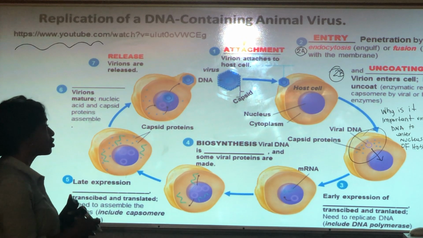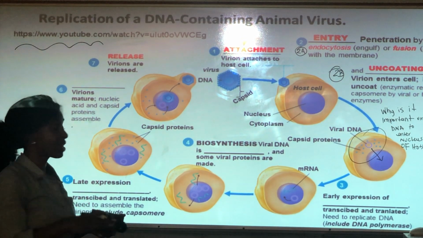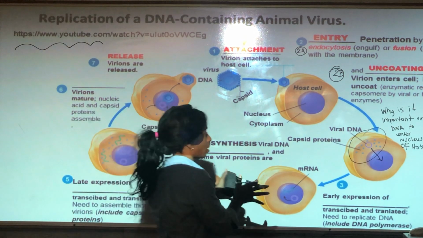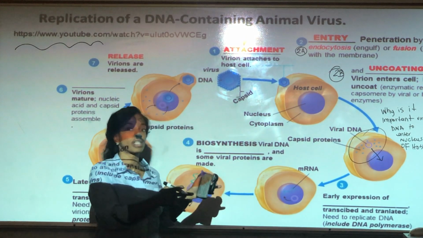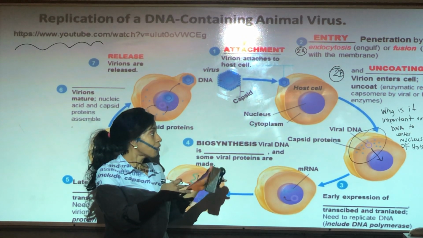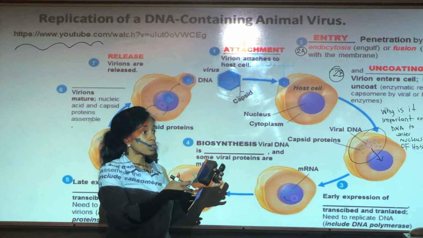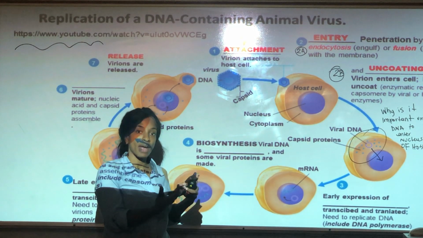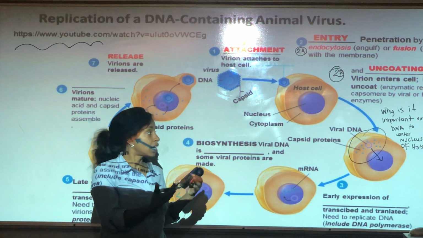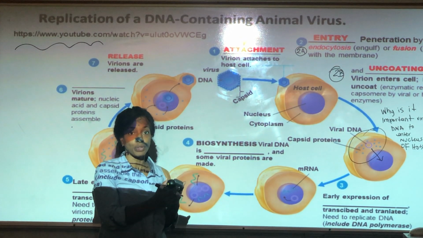So once it gets to the control center of the cell, it can, one, shut down everything that is going on in this whole cell. So anything that the host is trying to do, it will block it, inhibit it. And the other thing that's important is that in order for this viral DNA to be expressed into RNA, it has to get inside of the nucleus.